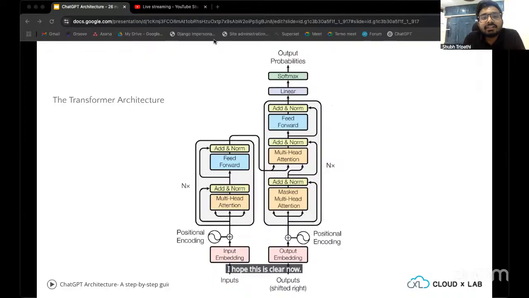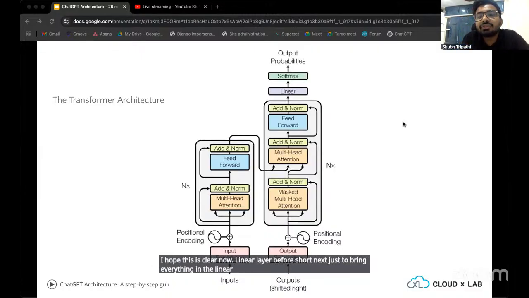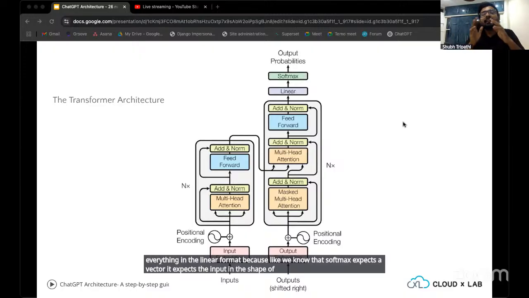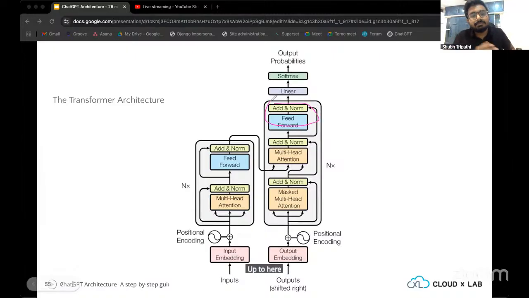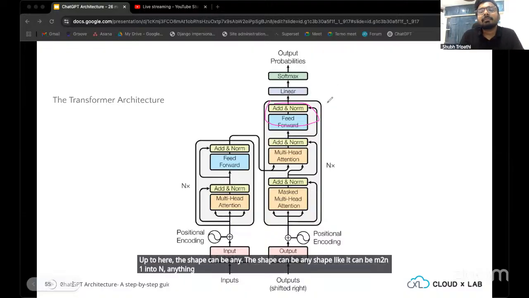Veena, why is there a linear layer before softmax? Just to bring everything into the linear format, because we know that softmax expects a vector. So it expects the input in the shape of one. Up to here, up to add and norm, the shape can be any shape. Like it can be m by n, 1 by n, anything. But we need to output probabilities, right?